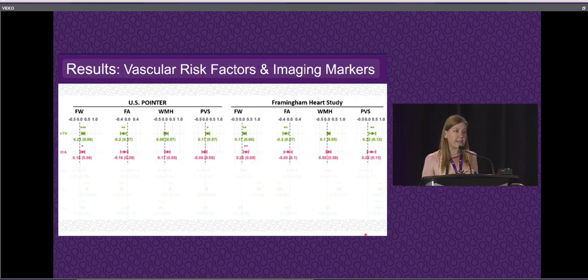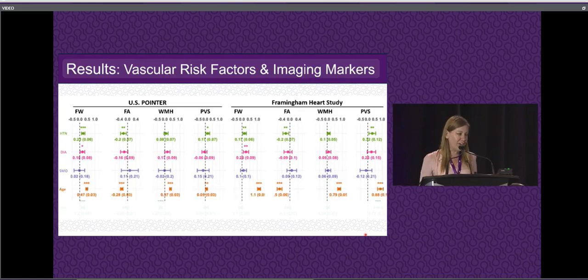We also found that individuals with diabetes had a higher level of free water in the US POINTER study and in the Framingham Heart Study, but diabetes was not associated with any of the other biomarkers in both studies. We did not find a significant effect of smoking status on the 4 biomarkers, neither in US POINTER nor the Framingham Heart Study.